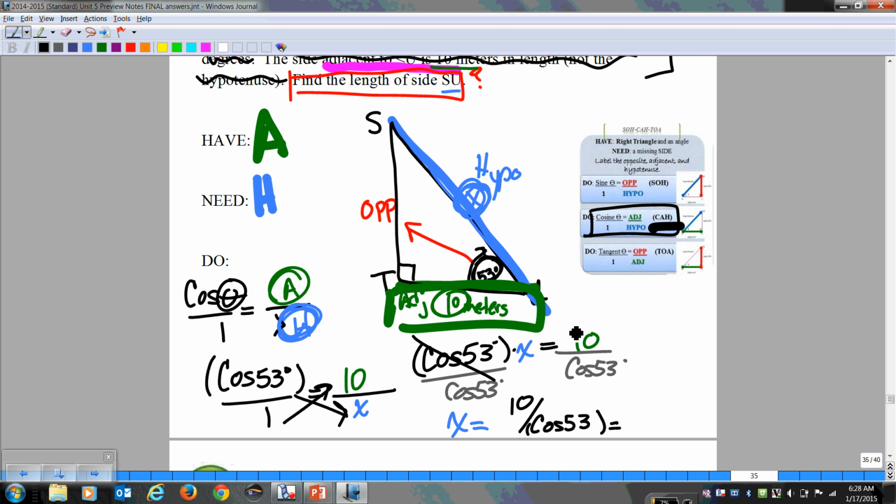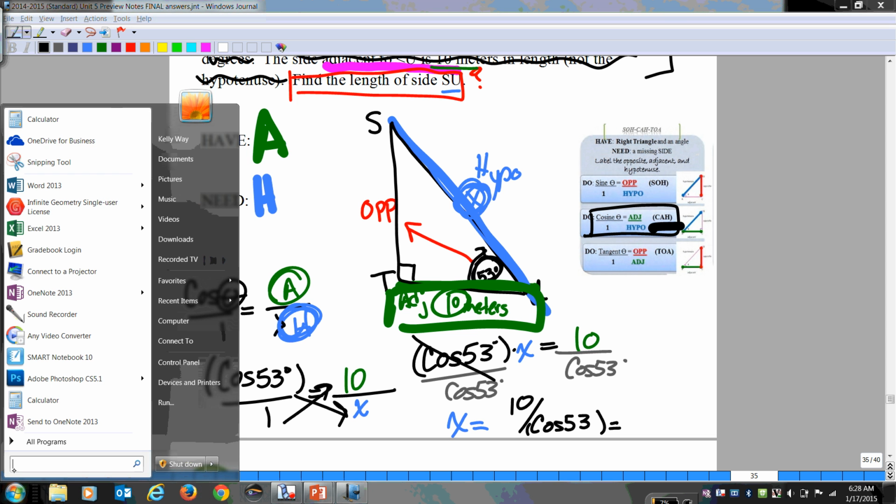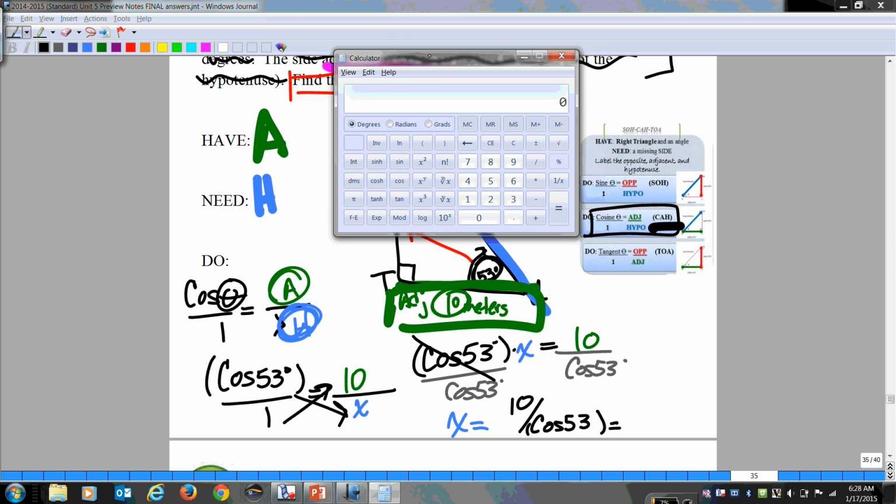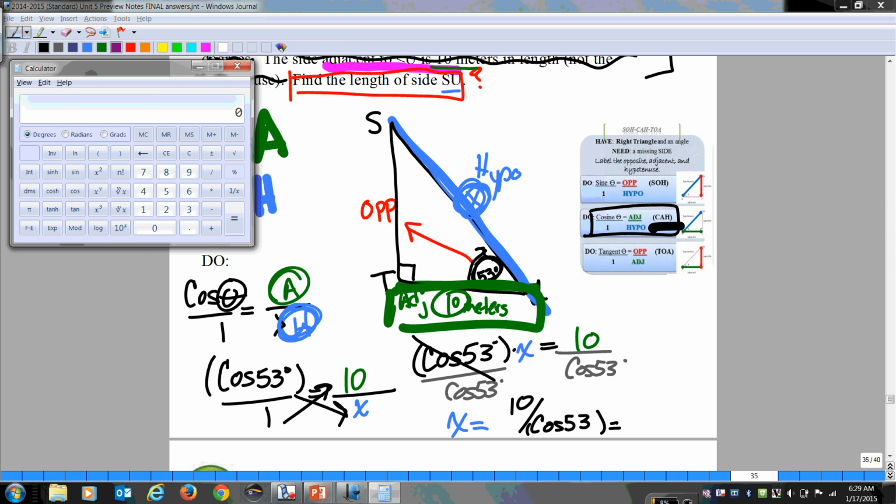I'm going to wait 10 seconds and see if you can do that by yourself on your calculator before I use mine. So we're going to go 10 divided by, on my calculator, I have to do 53 cosine, and then equals. And we get 16.616. I'm going to round to the second, that's 16.62.